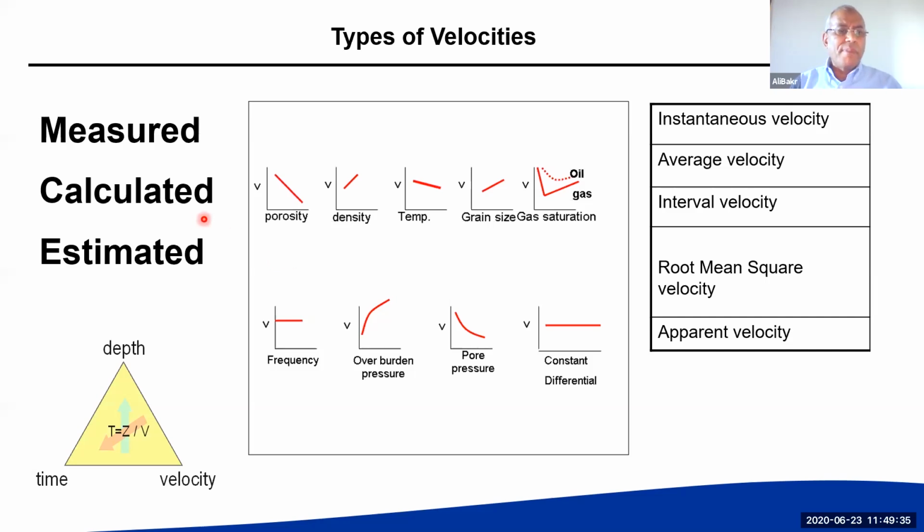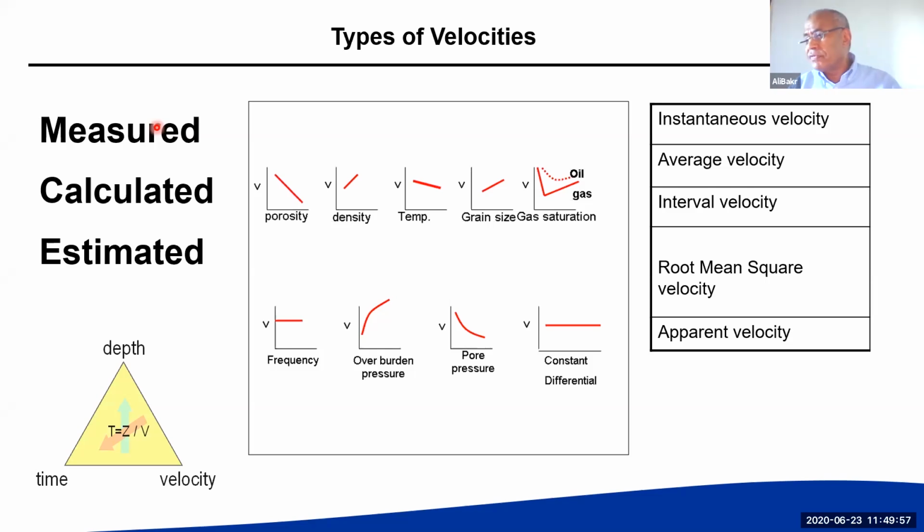So rule of thumb, velocity could be measured, calculated, or estimated. It is listed like that according to accuracy. The measured is the most accurate one. When you put your tool inside the well and measure the velocity inside the well, this is the most accurate one, representing the well.